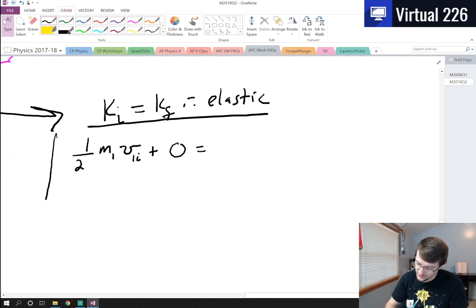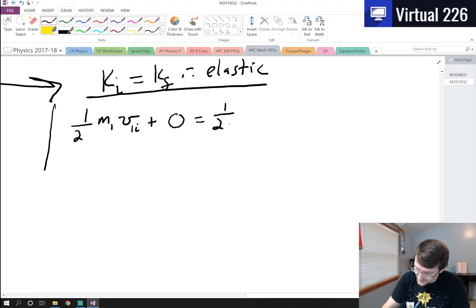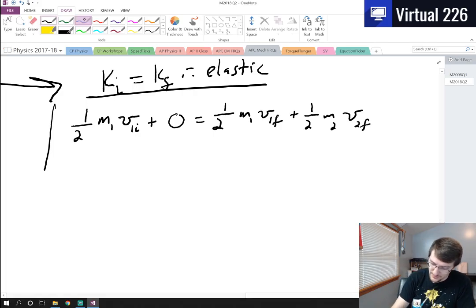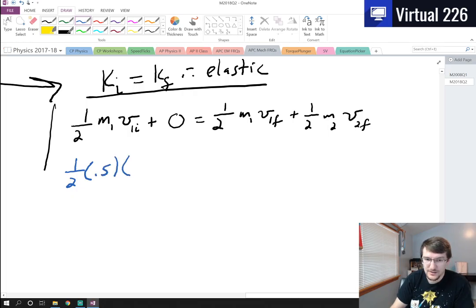Then that equals 1/2 the mass of cart 1 times cart 1's final plus 1/2 the mass of cart 2 times cart 2's final. And when we put some numbers in here to solve, we're going to get 1/2 times 1/2 times the initial velocity of cart 1, which we had was 3 meters per second.